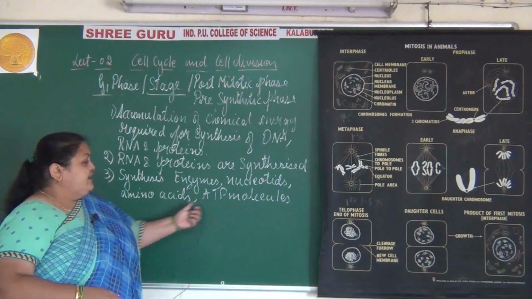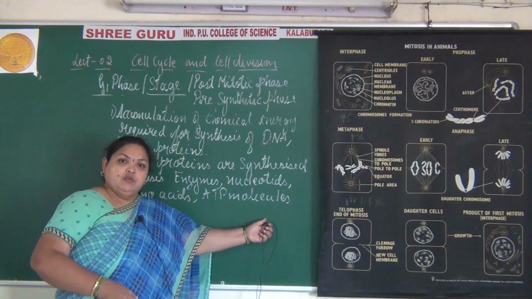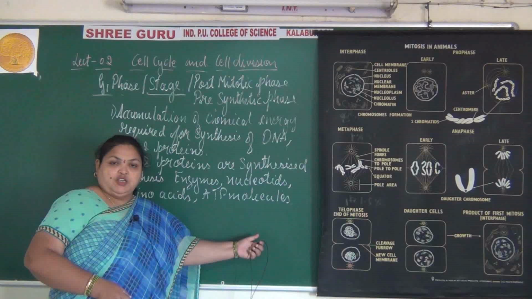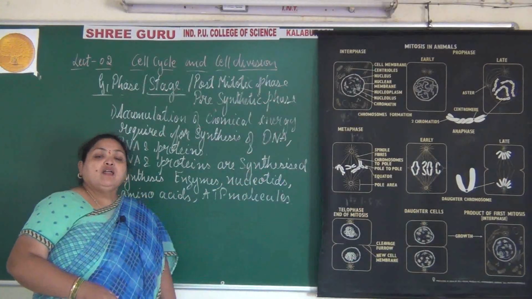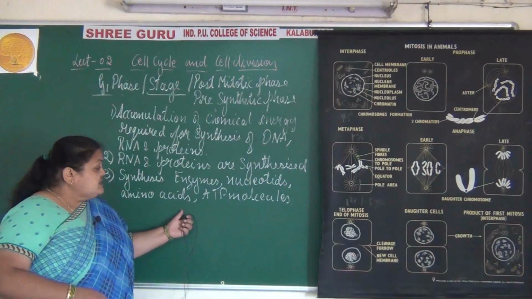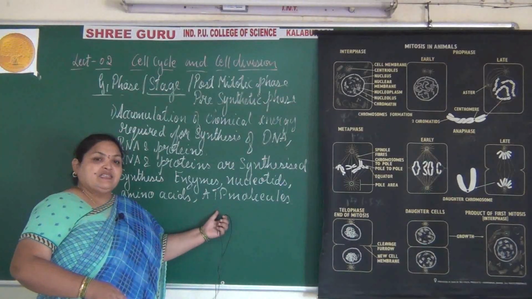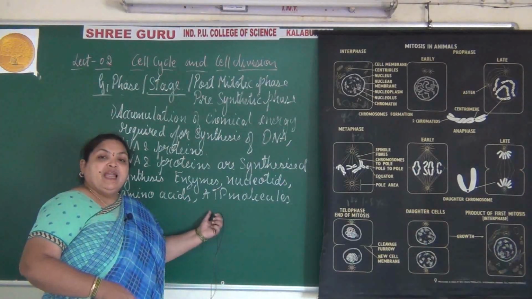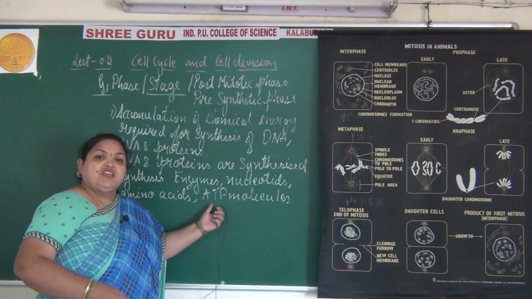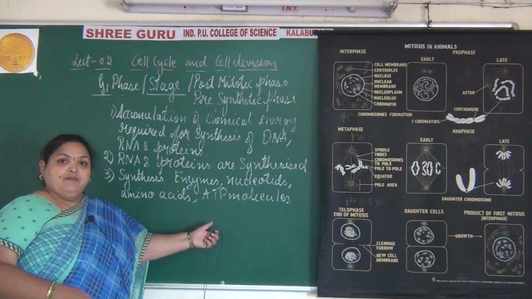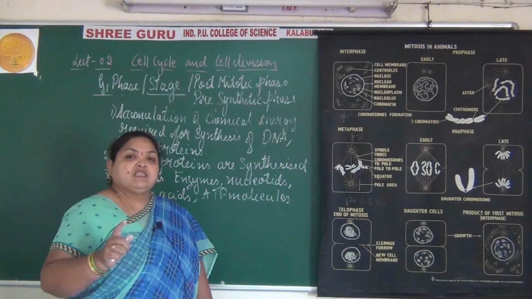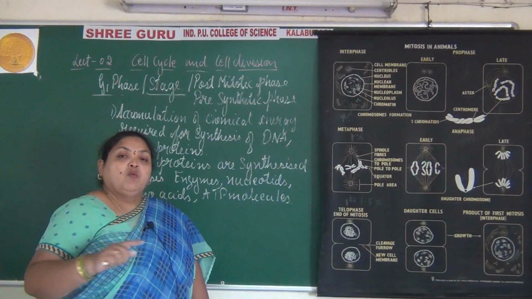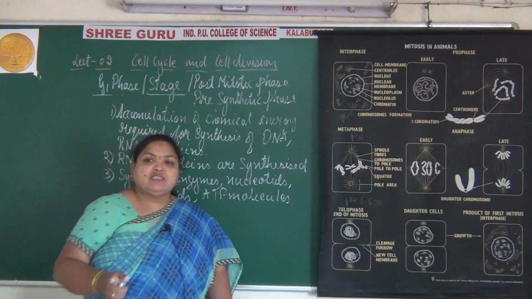And here even the ATP molecule. The cell requires energy to carry out the processes, so it is also synthesizing ATP. ATP is the energy currency of the cell. We have already learned that mitochondria is the powerhouse of the cell. Why is it called the powerhouse of the cell?